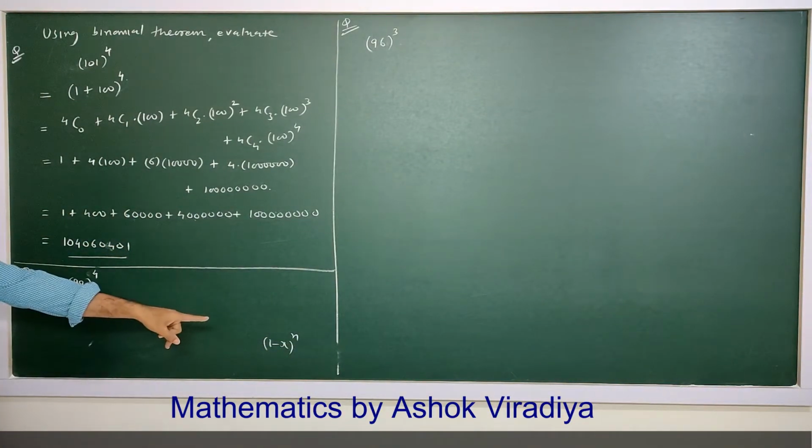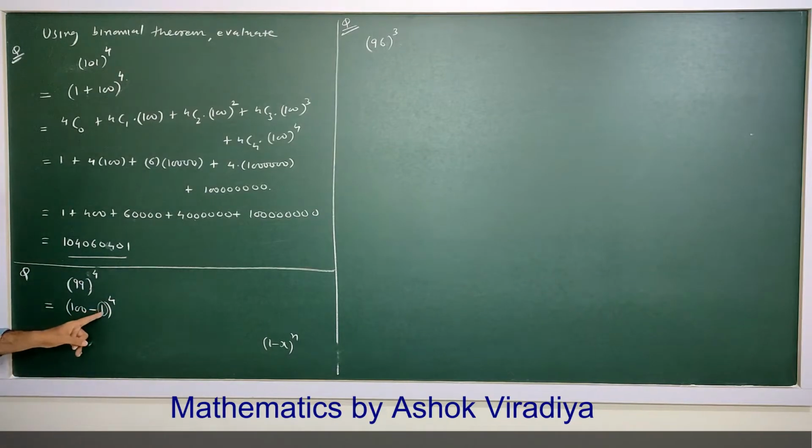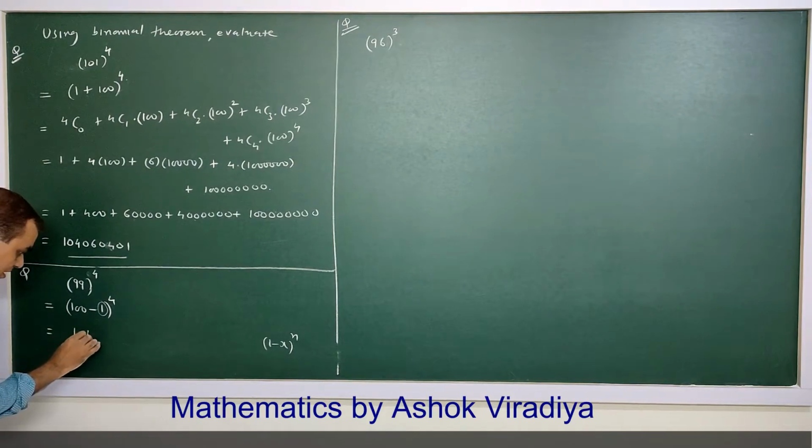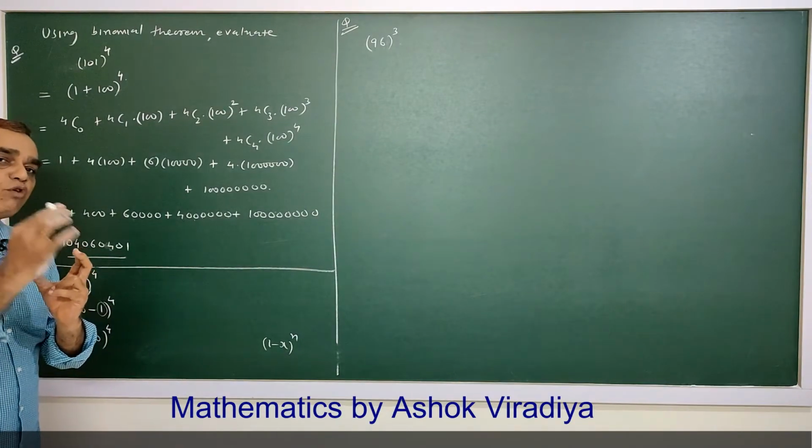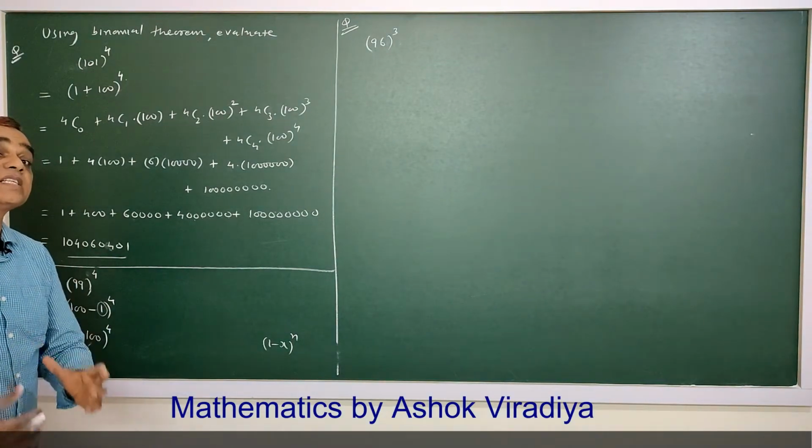But to apply (1 minus x) raised to n, the 1 should be at the first place. Here the power is even, because with an even power, if you change the order, the value remains unchanged, since (x minus y) raised to 4 is equal to (y minus x) raised to 4.